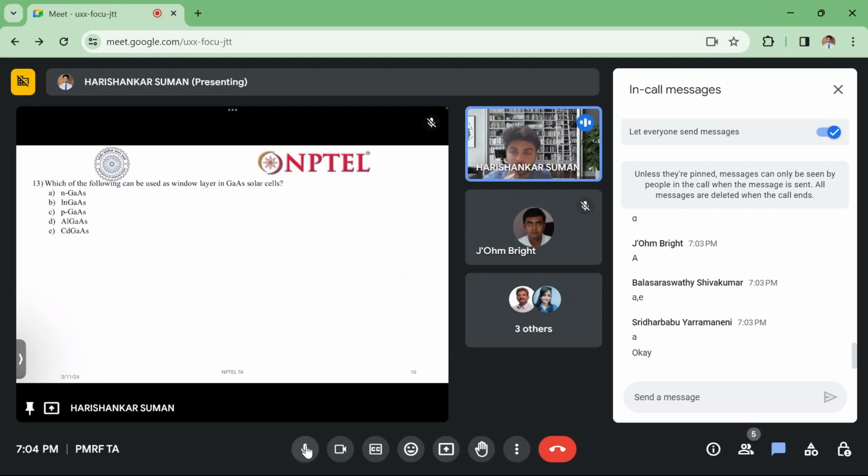Next question, which of the following can be used for window layering in gallium arsenide solar cells?